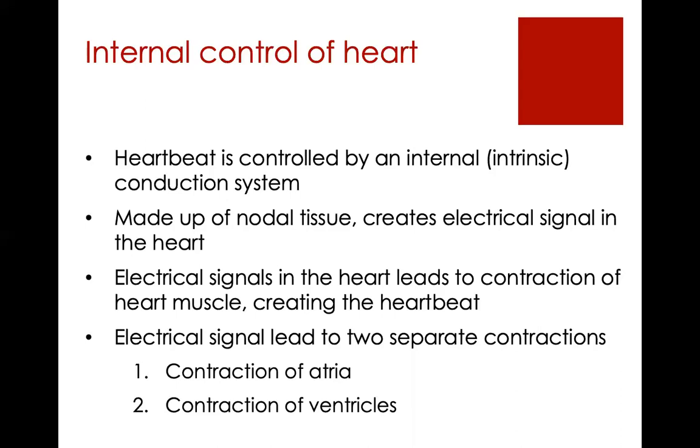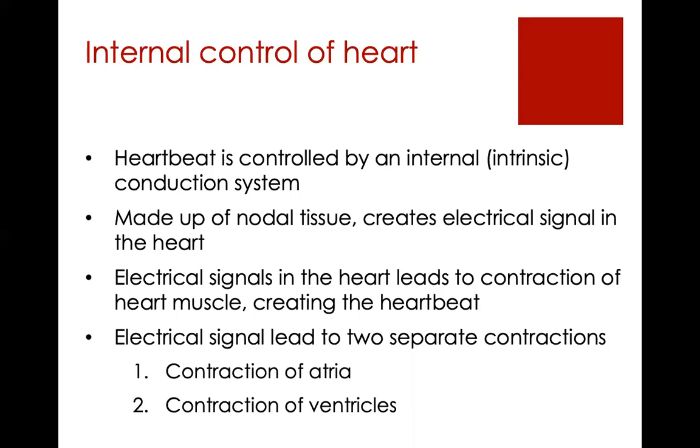I want you guys to highlight this, it's really important to understand. When we're thinking about your heart and electrical impulses, the first point is that your heartbeat is independent of your nervous system, as the electrical impulse that leads to muscle contraction does not originate from the nervous system. So where is it originating from?